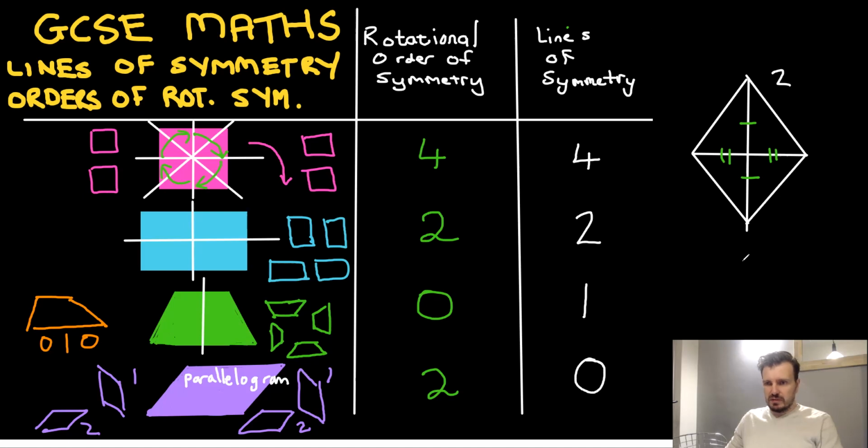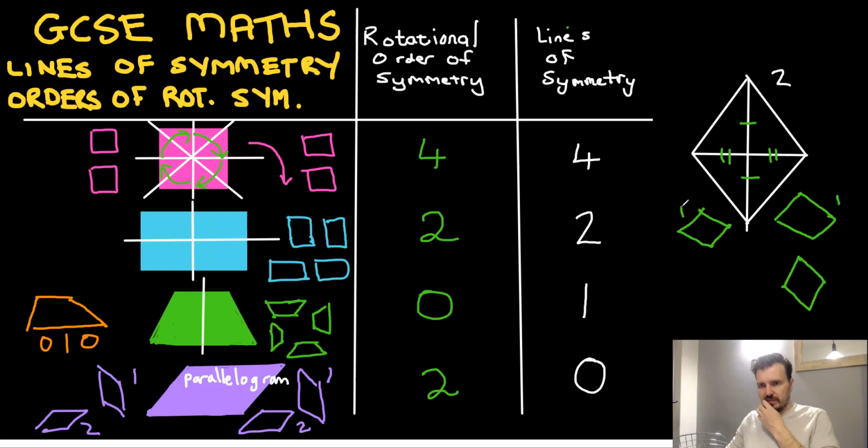So we rotate it once, it's going to look like that. And then if I rotate it again, it's going to be the same as the original. And then if I rotate it again, it's going to look like the first rotation.